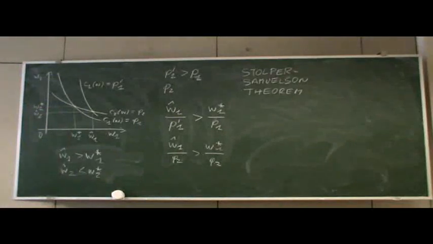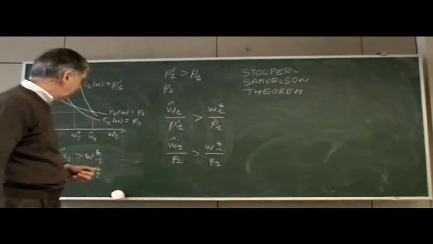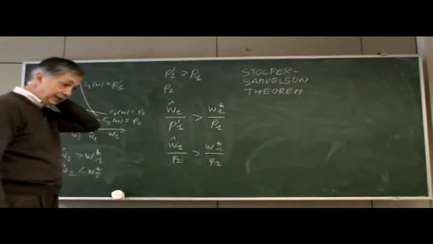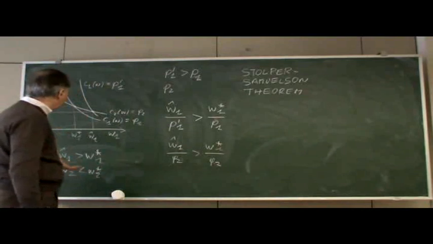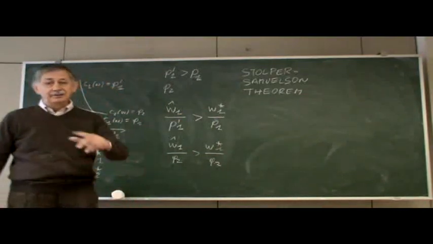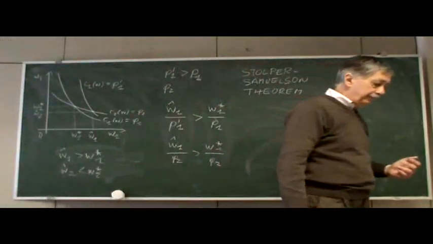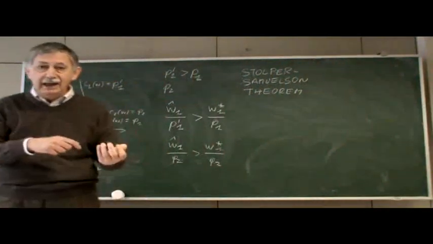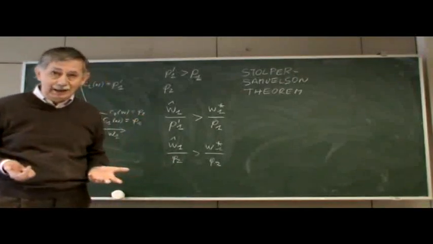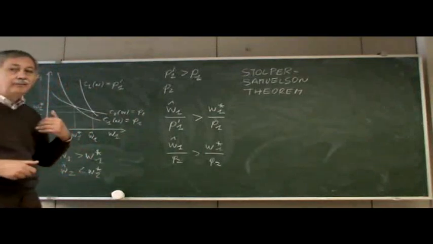I repeat, the theorem tells us that when the price of a more labor-intensive good increases, the wage, the price of labor, increases, not only in nominal terms, as it is clear from this graphic, but also in real terms. This is very difficult to prove, because clearly when the factor prices change, also the unit coefficients a1, a2, etc. change as well, and so the proof is a difficult one. However, we obtain this fundamental result.